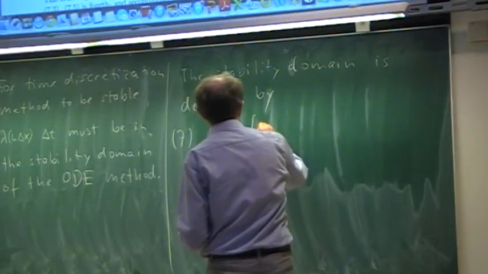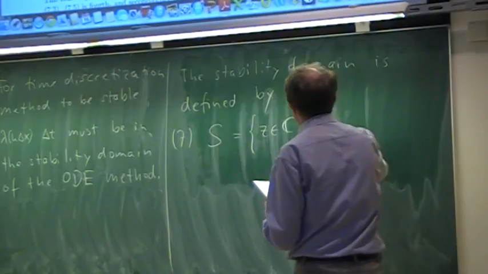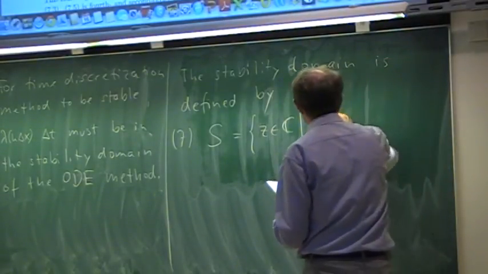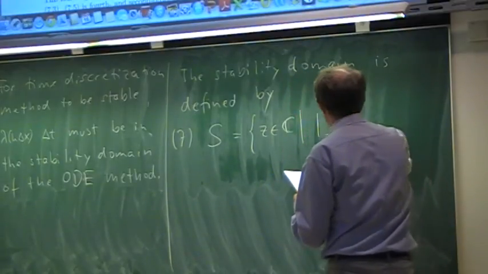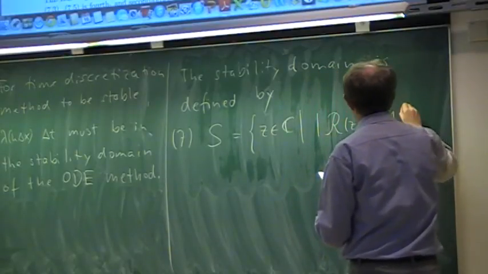It is the set of all complex numbers z for which the stability function, which we define shortly, I give it a curly R, the stability function of z, is smaller or equal than 1.